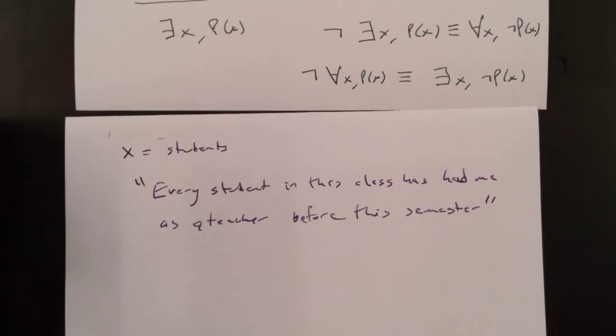I think it helps to translate it to symbols, do the negation there, and translate that into English. So I need a propositional function to describe the predicate of this sentence. What is the predicate of this sentence?